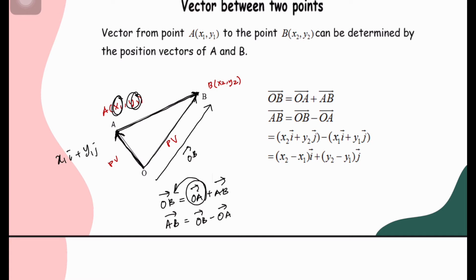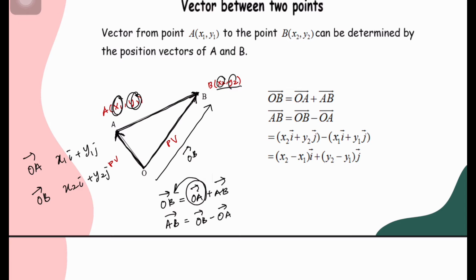Therefore, the vector can be represented by x1i plus y1j. This one is OA. Whilst for OB, this one is the point x2, y2. Therefore, the position vector OB can be represented by x2i plus y2j.